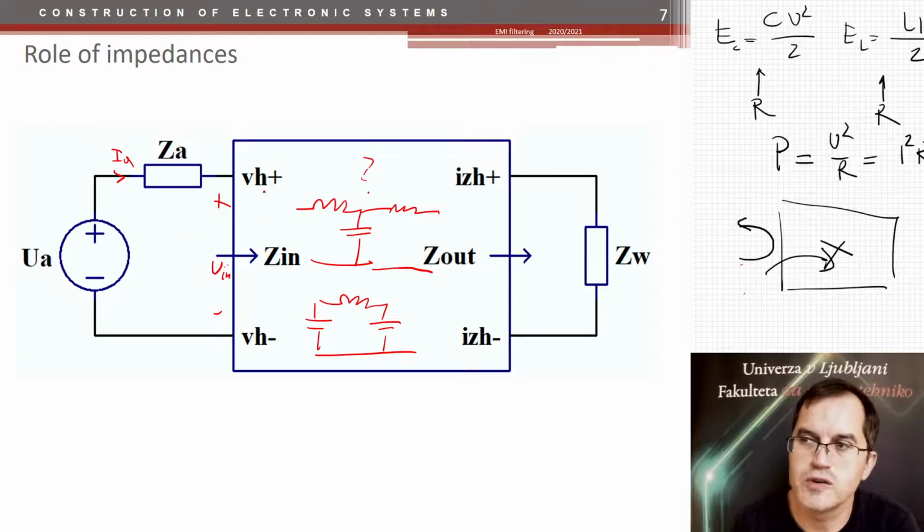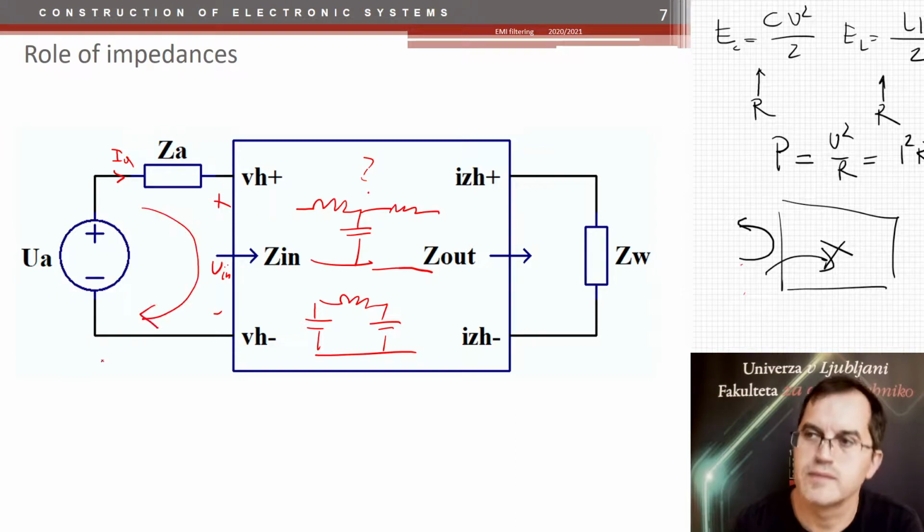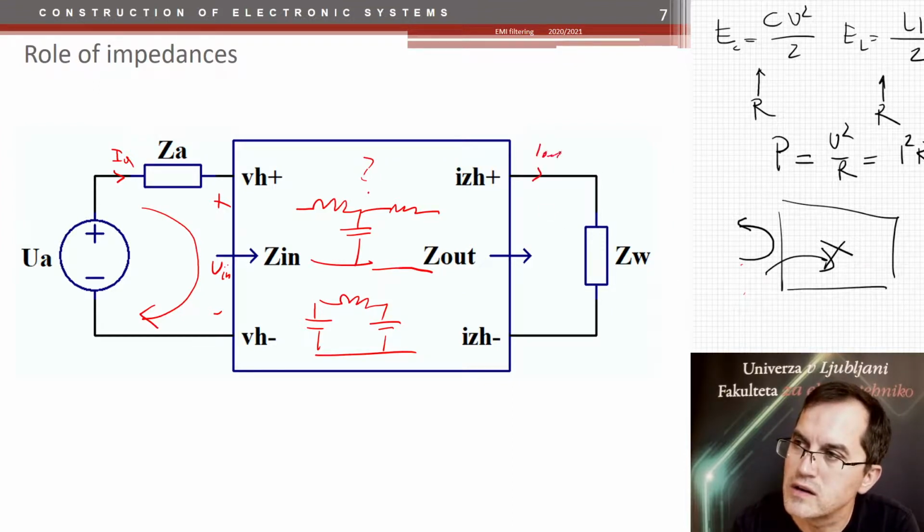So let me show you now the idea here. The power has to be reflected here. And on the other side, you have the output current here, and you have the output voltage, which is UW.